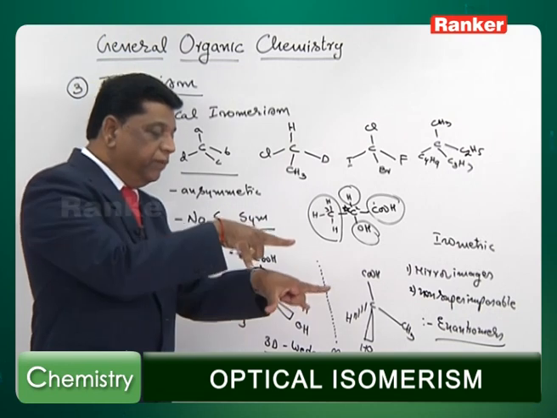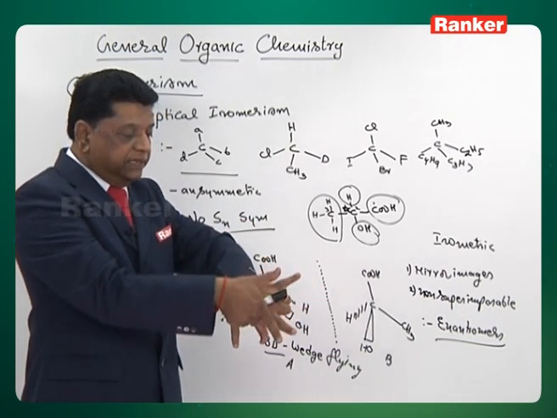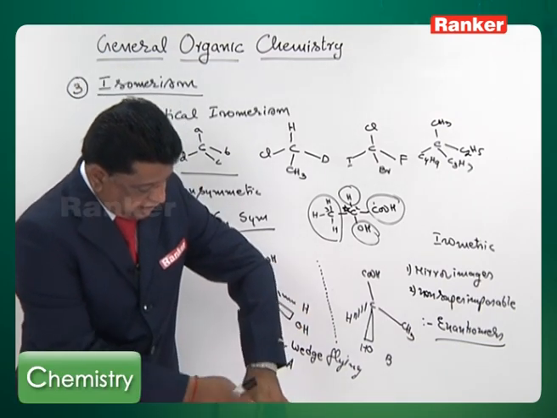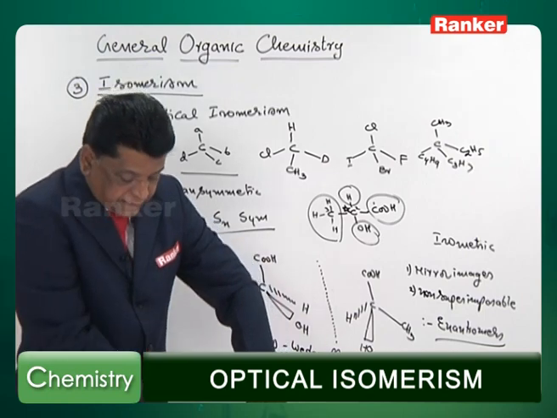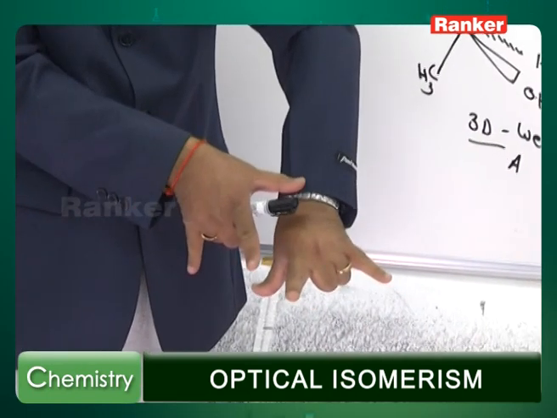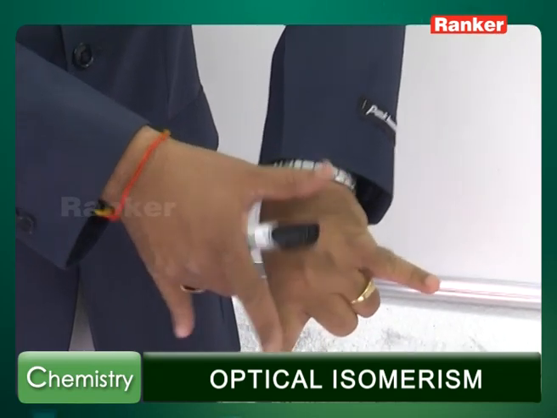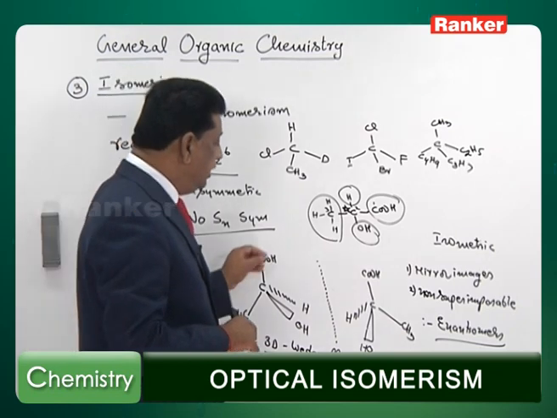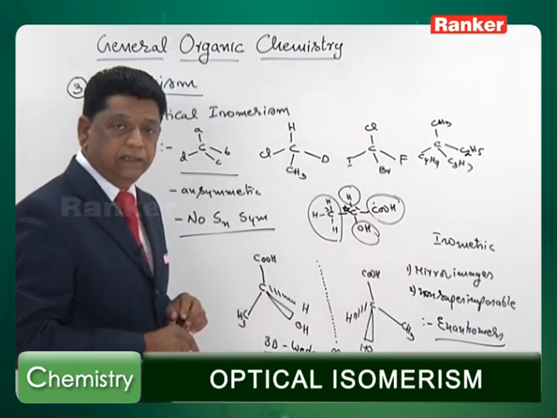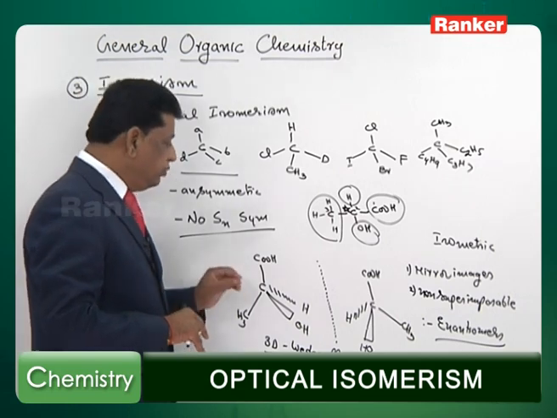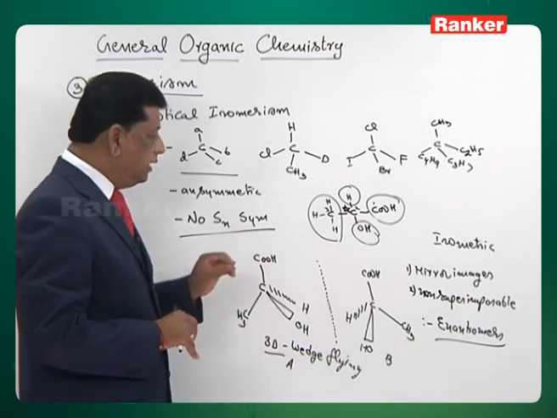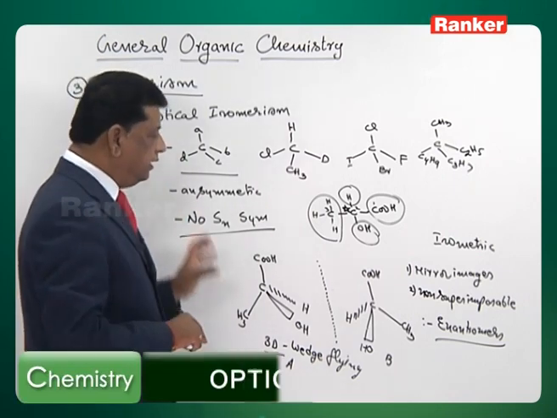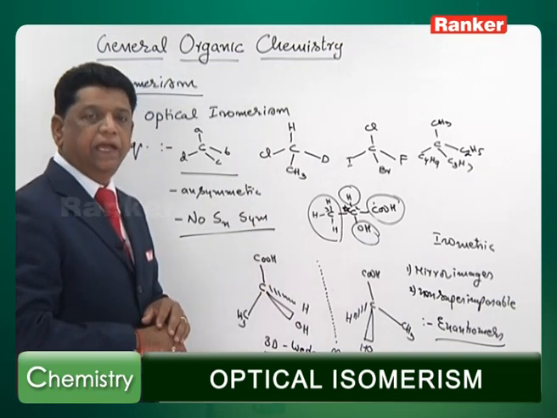For example, if I put this forefinger, and adjust the thumb and small finger, imagine this has three legs and one candle type, and this is another one which is a mirror image. If I put it like this and adjust, these two will not. If I adjust the other two, they will not. Like that, the molecule will not exactly set on the other one. That is called non-superimposable. So a set of isomers which have a mirror image and are non-superimposable is called specifically optical isomers, and in that specifically enantiomers.